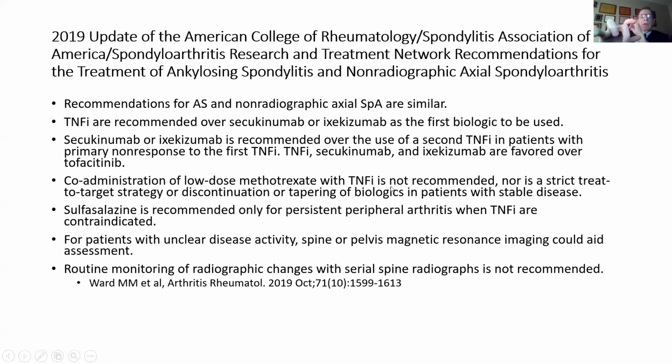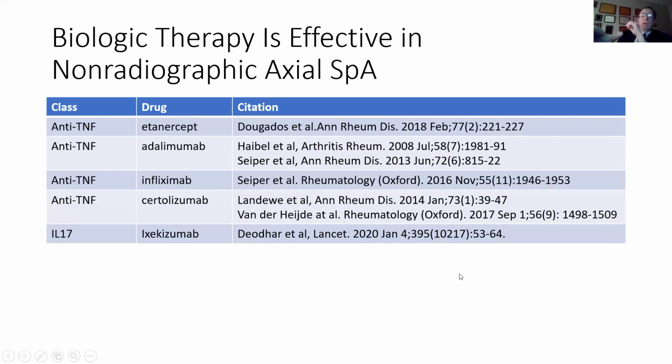Co-administration of low-dose methotrexate is not recommended. Sulfasalazine is recommended only for those with persistent peripheral arthritis and for patients with unclear disease activity. Spine or pelvic MRI could aid in assessment, but routine monitoring of radiographic changes with serial spine radiographs is not recommended. That's a research tool.